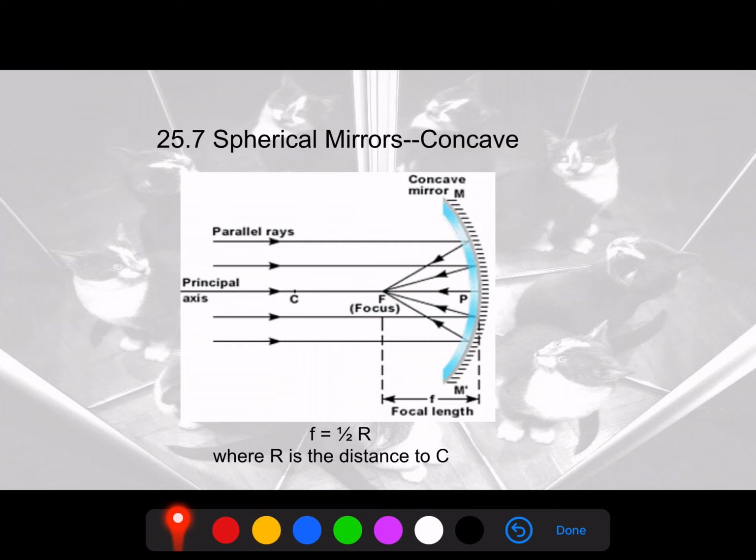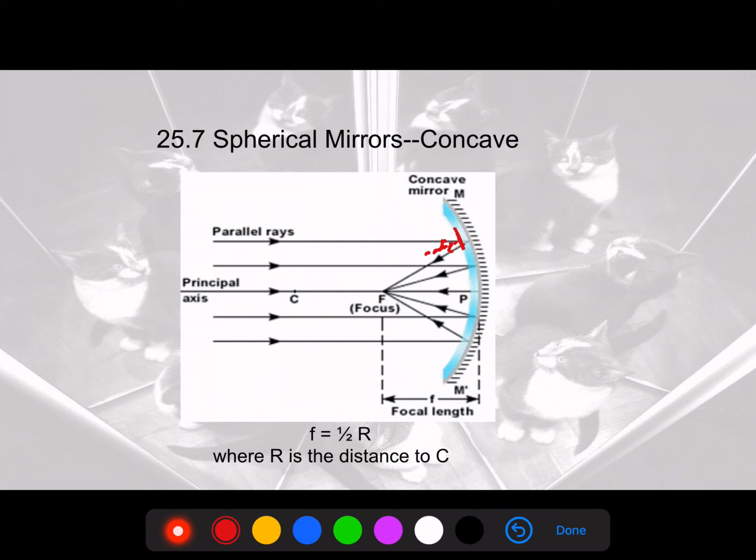All of those terminologies are going to come up in the next few slides. So what happens if I have a concave mirror is that if I imagine this ray of light model where I have parallel rays coming in, they are each going to obey the law of reflection at the location that they strike the mirror. If you imagine a little tangent surface here, and here is my normal, then this angle of incidence is going to equal the reflected angle.